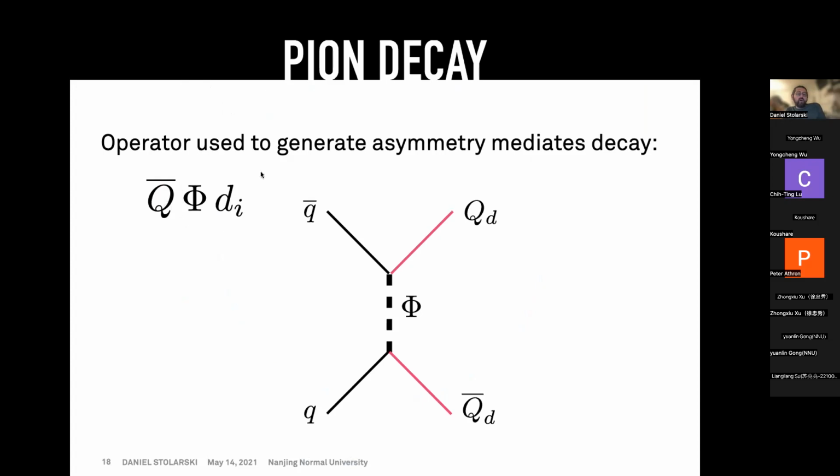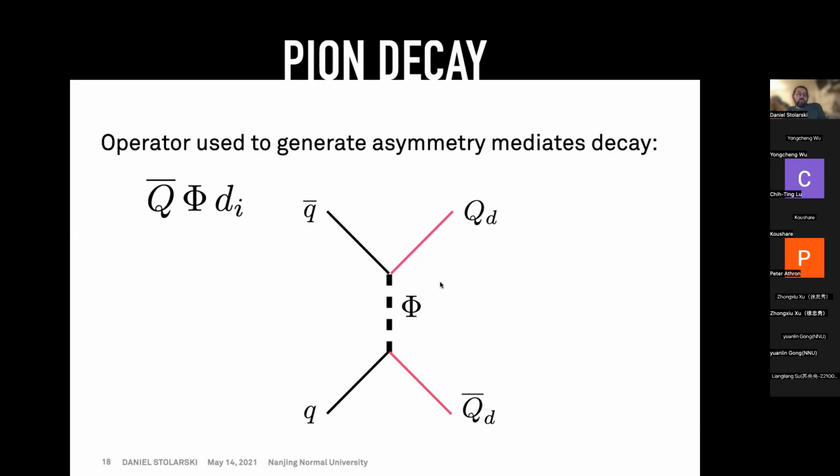Well, the same operator we use to generate the asymmetry, this Yukawa coupling, which couples a scalar to a dark quark and a quark, allows you to draw a diagram like this, which is q and q-bar on one side and dark q and q-bar on the other side.